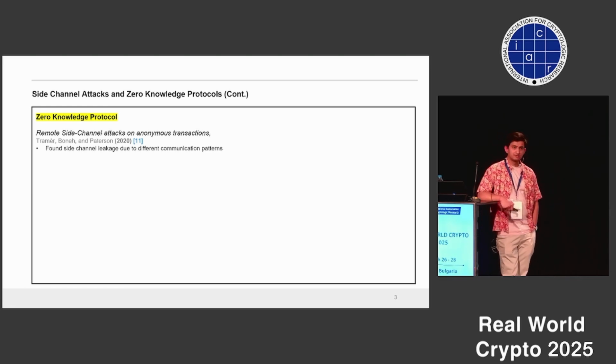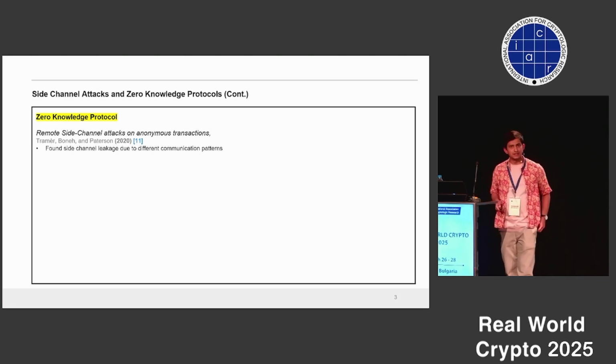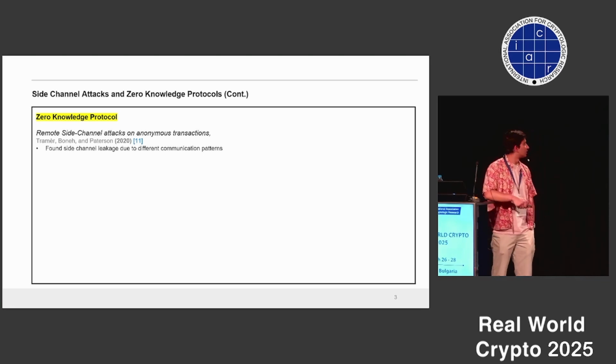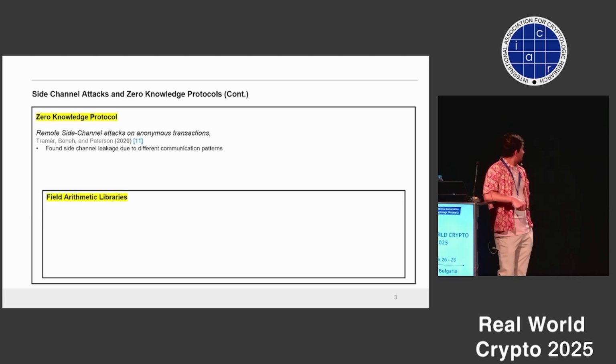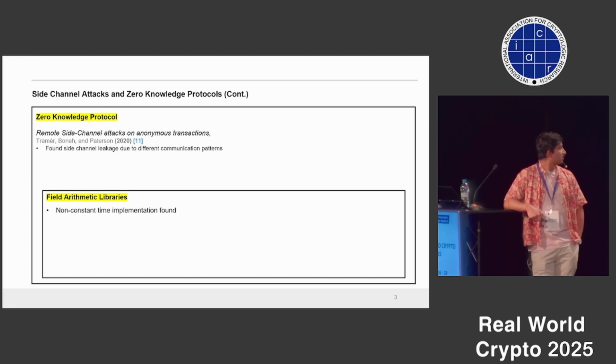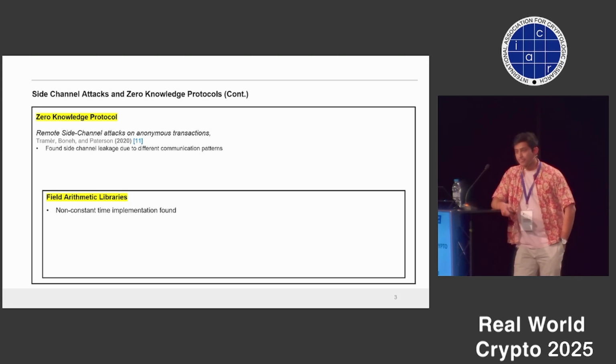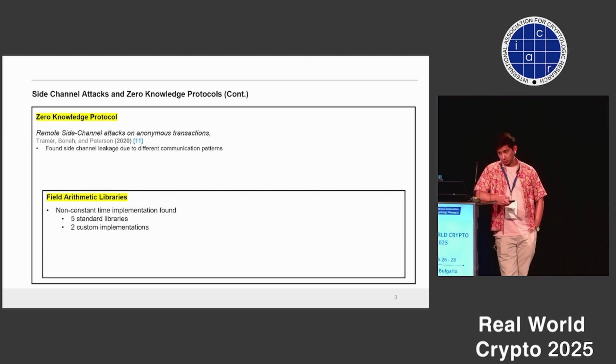And we asked ourselves, is there anywhere else we can look for such side channel leakages in ZK protocols? Digging a bit deeper, we found that field arithmetic libraries are heavily used in ZK protocols. When we looked into them, we found that a lot of them have non-constant time implementations. Five of them were standard libraries, and two were quite popular custom implementations.